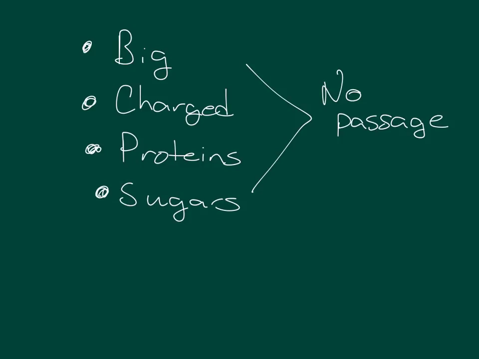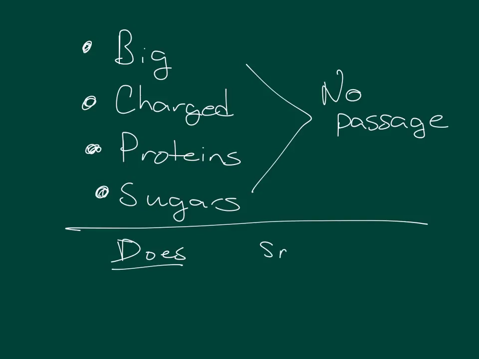All right, so what does get through the membrane? What gets through is small, obviously. So everything that's opposite of what we just saw. Not big, but small. Not charged. It can't be charged, so they have to be neutral.